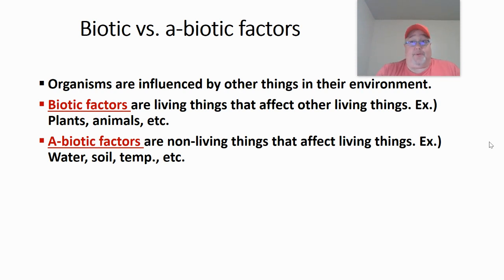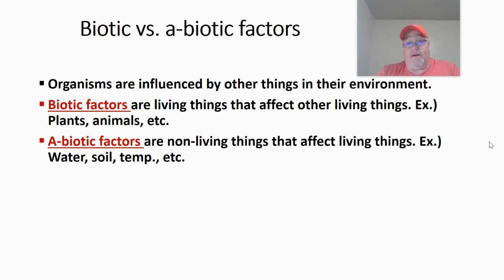So if, for example, a shark eats a seal, then the shark is affecting the seal, and the seal is affecting the shark too, I guess, because the seal provides food for the shark. So those are biotic things. Living things, plants, animals, microbes, funguses, whatever. They're all biotic. They're living things in the environment.